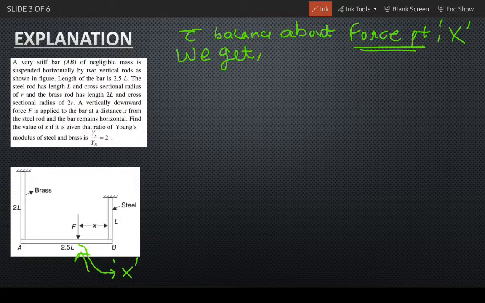Now here we get x times the tension created in the steel rod equals (2.5 L minus x) times the tension created in the brass rod.